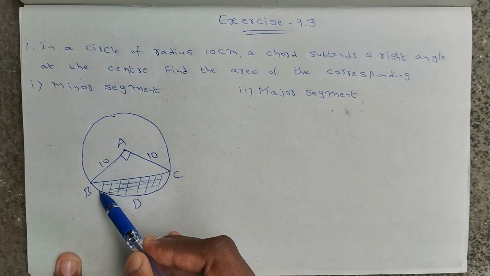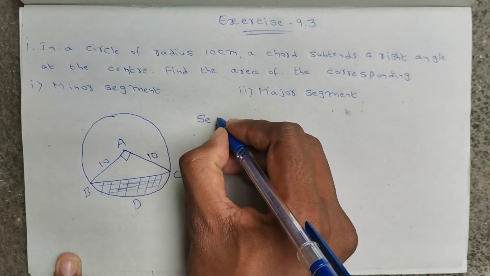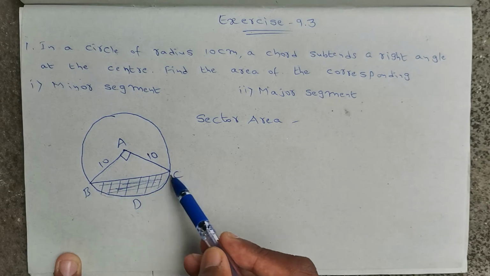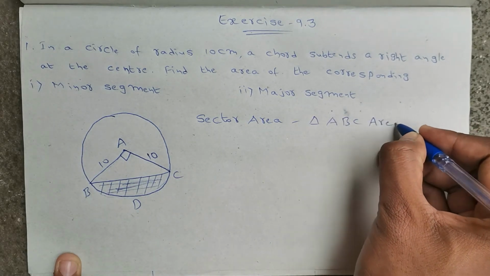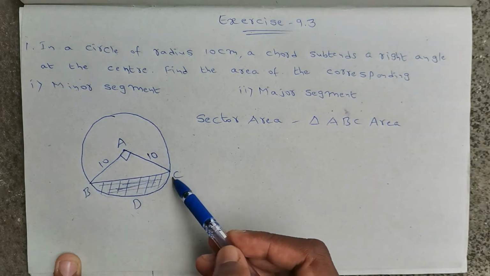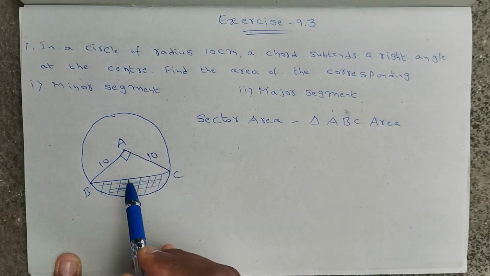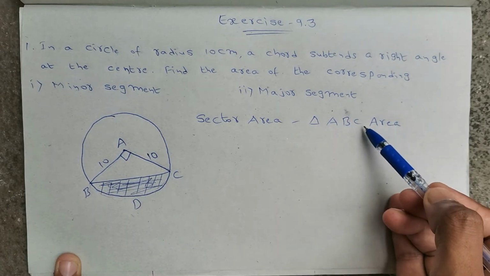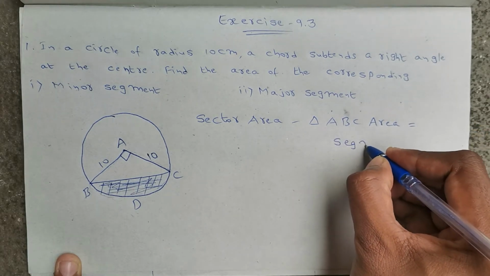ABDC, this total part is the sector area minus the ABC triangle area. ABDC is a sector, so from this total sector area I will remove this triangle area. Then obviously we will get the shaded part. So sector area minus area of the triangle is equal to segment area.